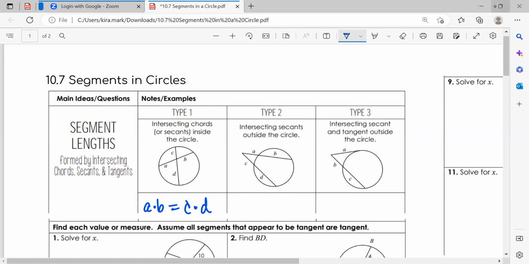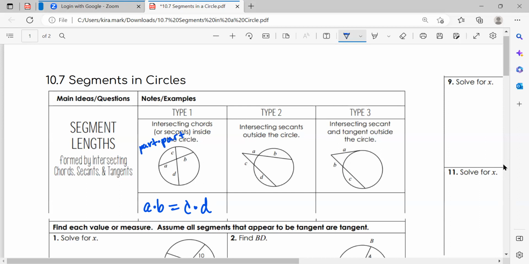And then for case two or type two, we have the segments intersecting outside the circle. So we have the case where it's two secants. So we've got both outside and whole thing and outside and whole thing. So I think "ow, ow."